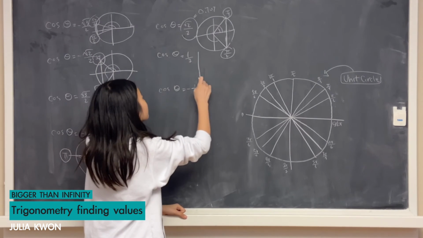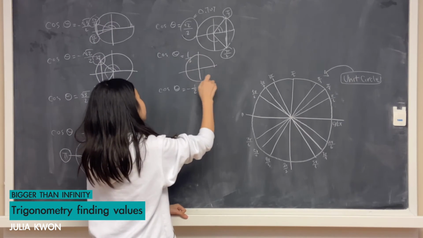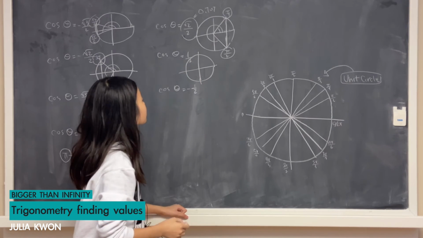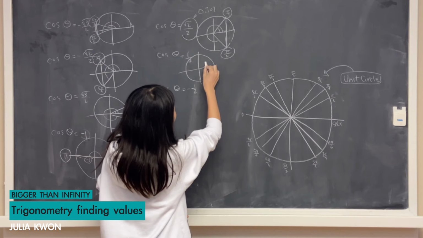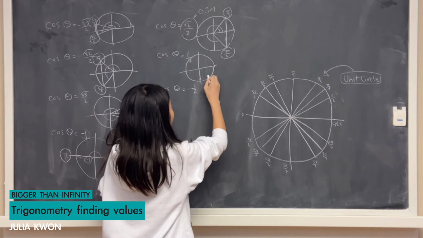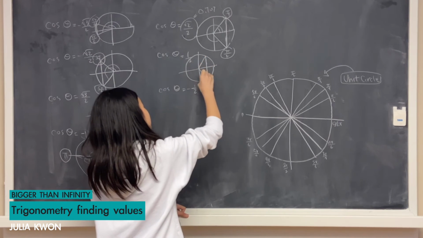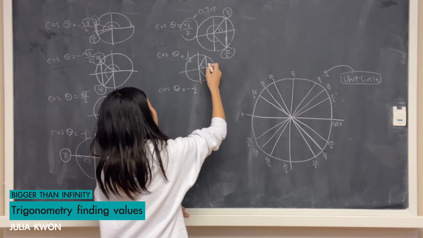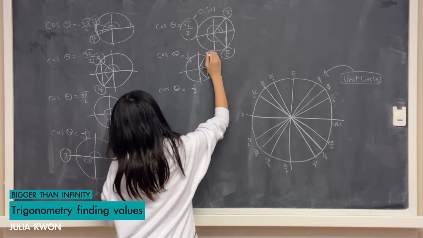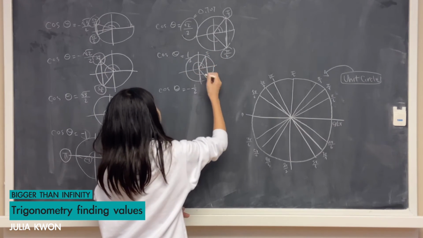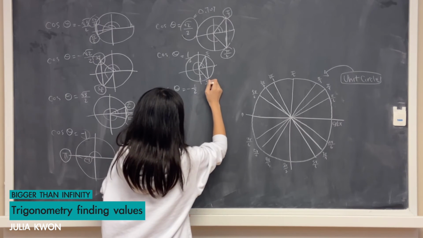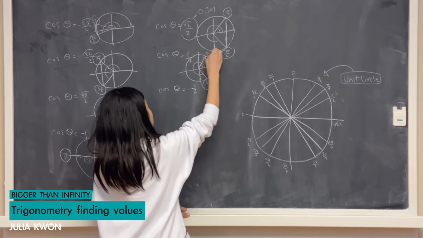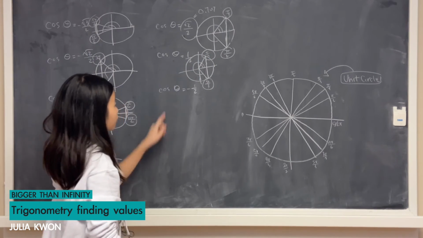And for cosine theta equals 1/2, we have 1/2 of 1, since the radius is 1. And this theta here is pi over 3, and this theta here is 5 pi over 3. So these two radians are the theta for this equation.